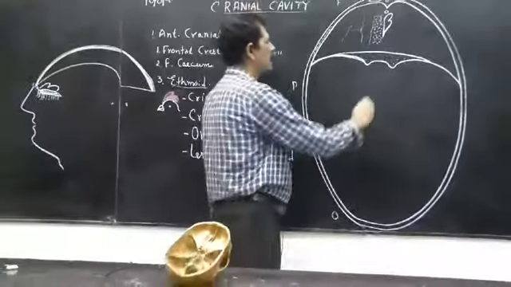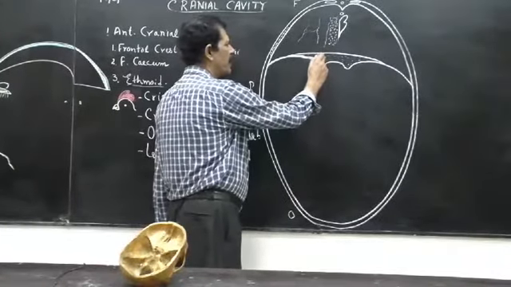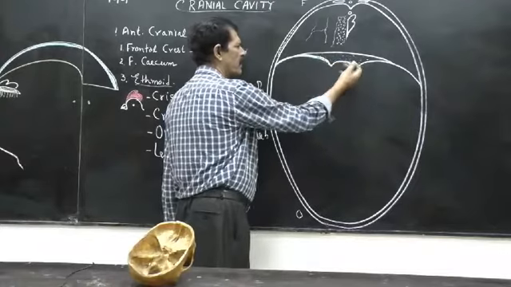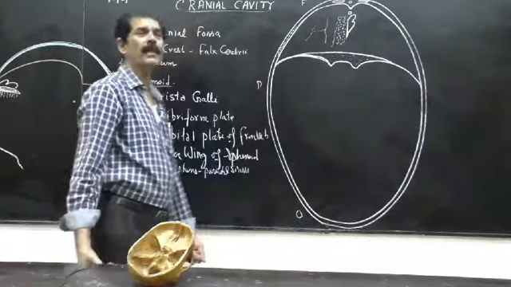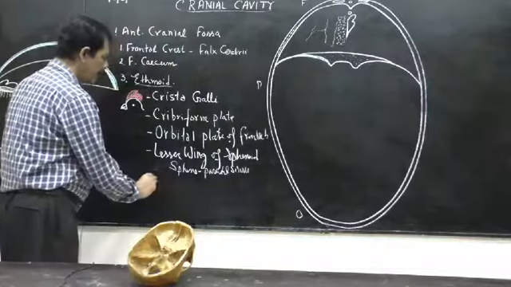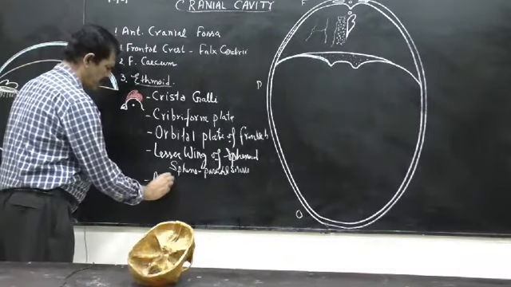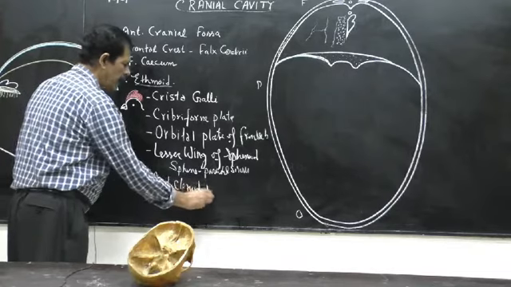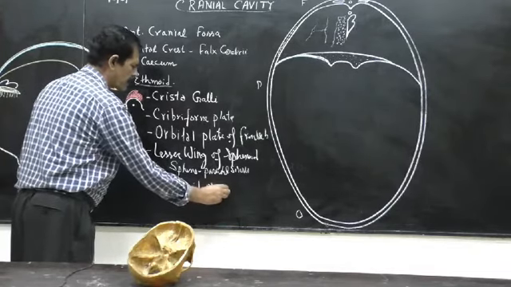Then posteriorly, the lesser wing of the sphenoid bone has two bony projections projecting posteriorly, and they are called the anterior clinoid processes.